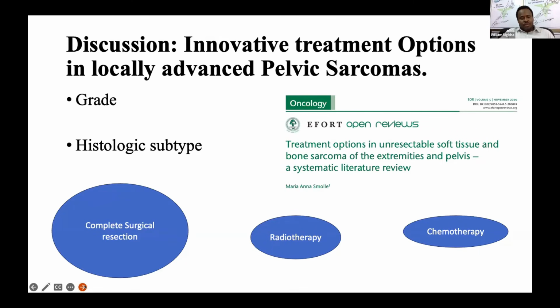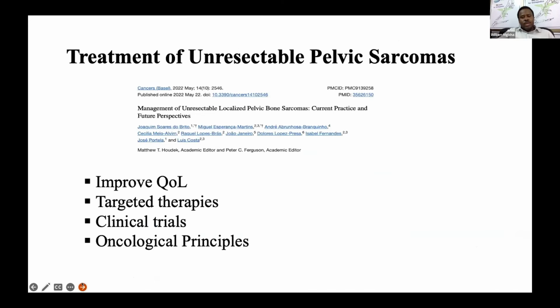Evidence is increasing that even in delayed presentation, patients will still have their quality of life improved with radiotherapy and, increasingly, evidence on chemotherapy. So the aim in delayed presentation of unresectable pelvic sarcomas is to improve their quality of life.